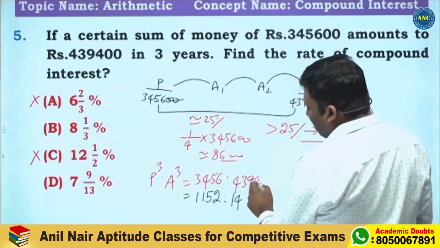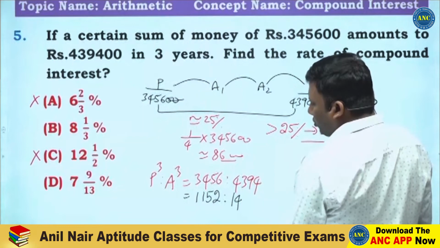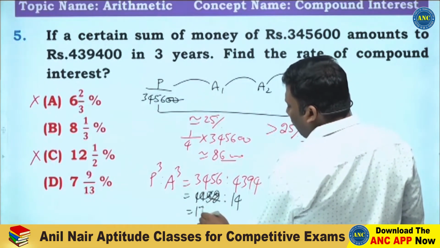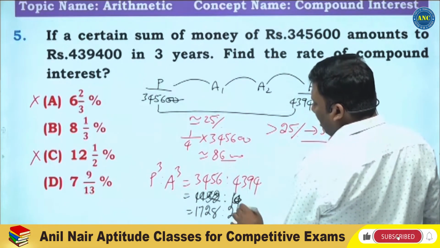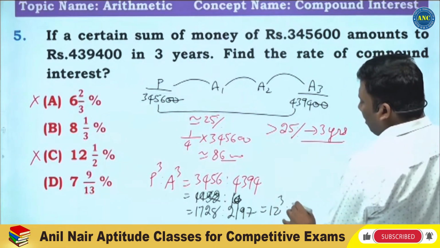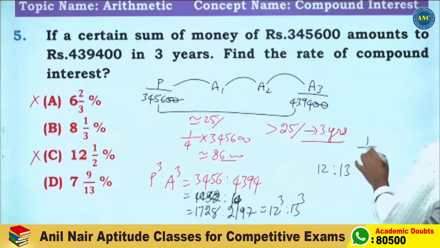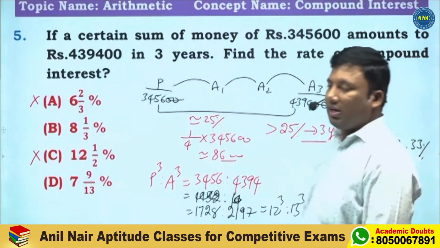Are these divisible by 3? No. So what we will do is, we will do it with 2. This will become 1728 and 2197, which is 12 cube is to 13 cube. 12 is to 13, 1 by 12. Answer is just close to 8.33%. That is what I did.